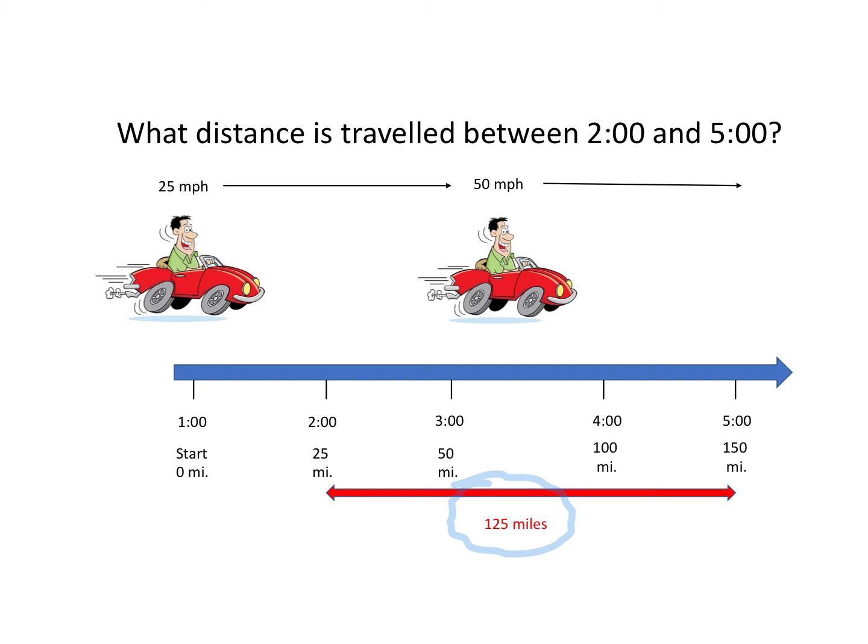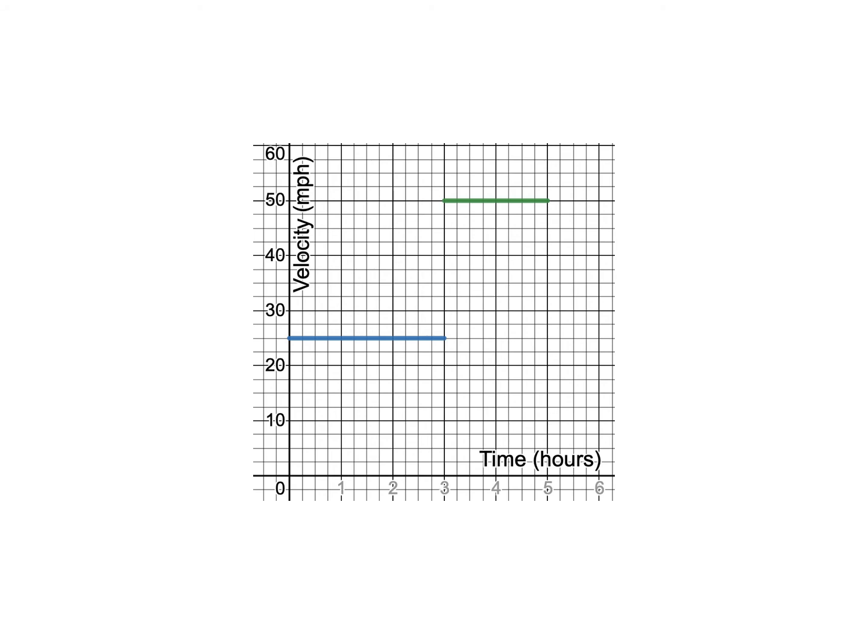But let's say we want to graph this and look at it from a graphing perspective. So let's graph where the vertical axis is going to simply be velocity, all right? So this is going to be his speed in miles per hour. And the horizontal axis is going to be time in hours, all right?